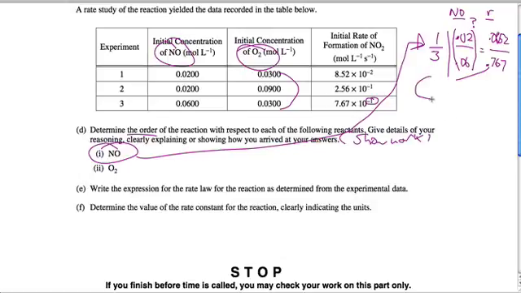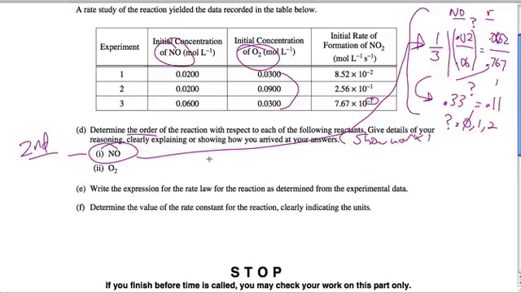And what I'm going to get down here is 0.33 to the question mark power equals, and I believe this ends up being about 0.11. And we know that question mark can either be 0, 1, or 2. If it were 0, this would be 1, so it's not 0. If it were 1, that would be 0.33, so we know it's got to be 2. So the order for NO is second order, and here's our work.